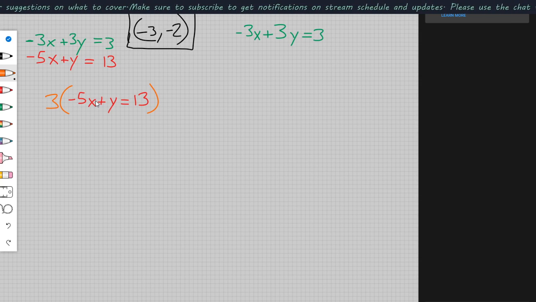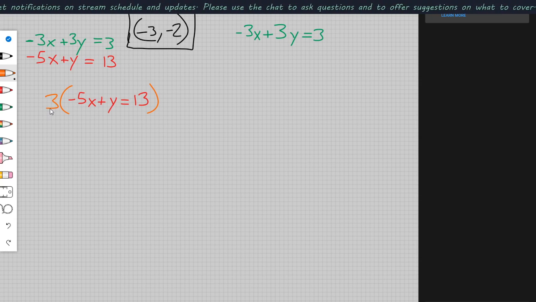And if you wanted to, you could even multiply not just by 3, but by negative 3, so then we can add instead of subtract. Both processes are the exact same, so it's just doing an extra step now rather than later, so it's up to you.